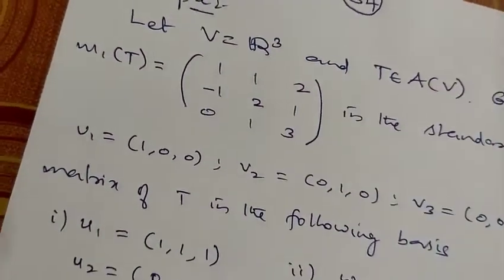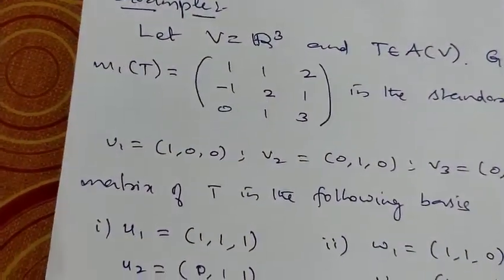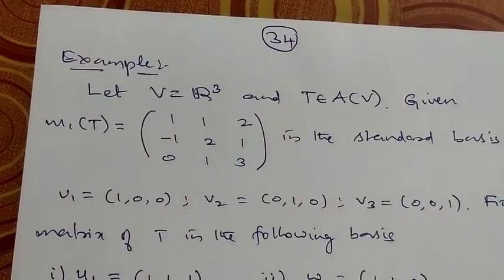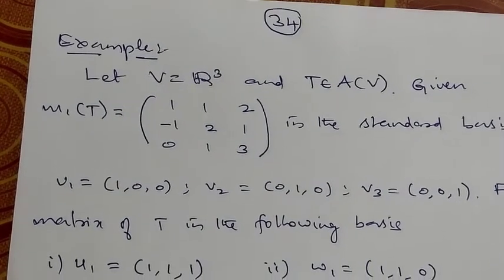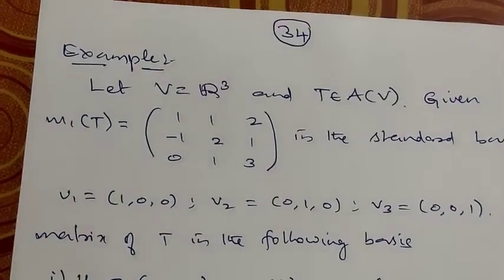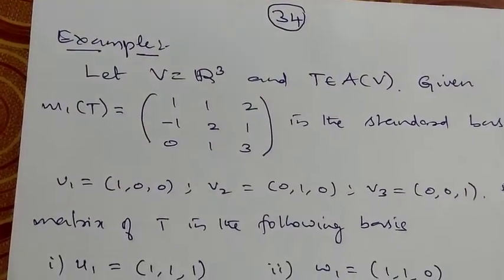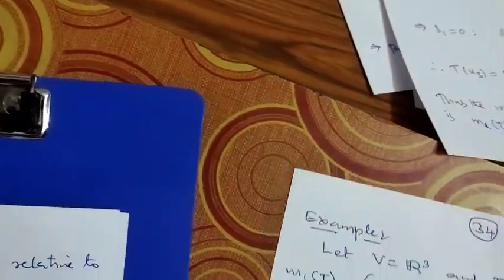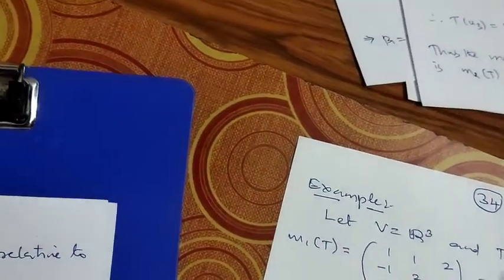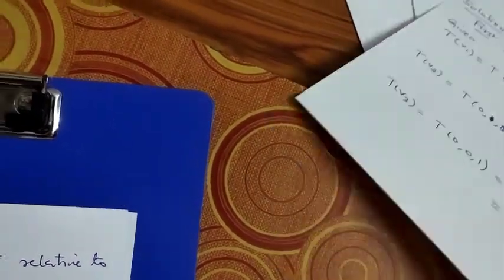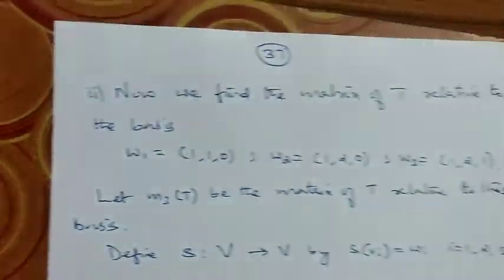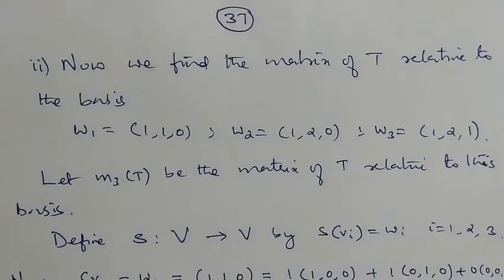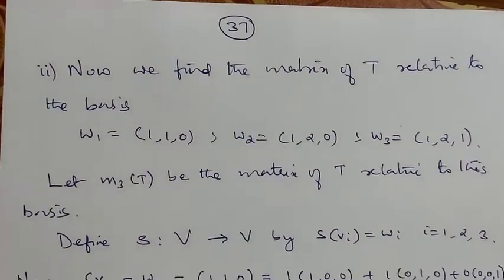The theorem says if M1 of T and M2 of T are the matrices of T related to different sets of basis elements, then M2 of T is equal to C into M1 of T into C inverse, right. So, let us find this now.